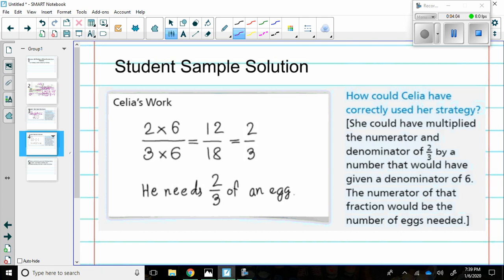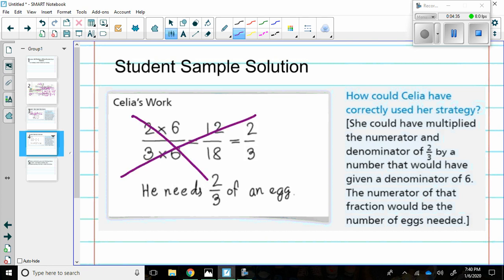But to me, this way doesn't necessarily, for you doing it on the other end, probably make a whole lot of sense to you. 12/18 is 2/3, so it's just showing you what is 2/3 of 6. She could have multiplied the numerator and the denominator of 2/3 by a number that would have given a denominator of 6. The numerator of that fraction would be the number of eggs needed. So this is just wrong.